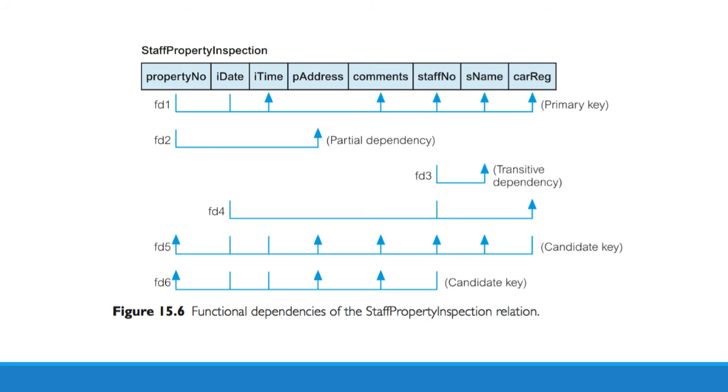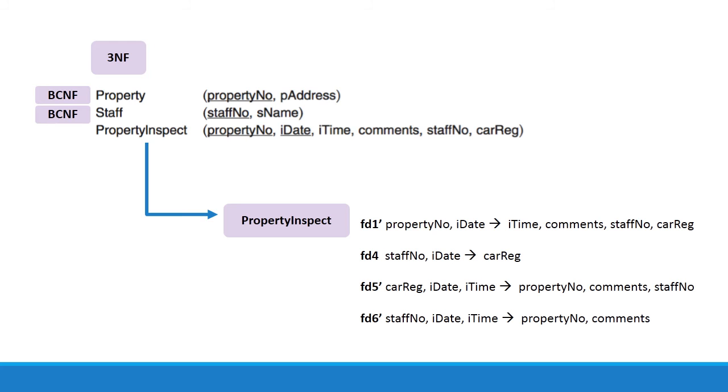Okay, this is just an example. From here, functional dependency 4, functional dependency 5, functional dependency 6, these all reflect the candidate key. From 3NF, we do have something like this: property, staff, and property inspect.